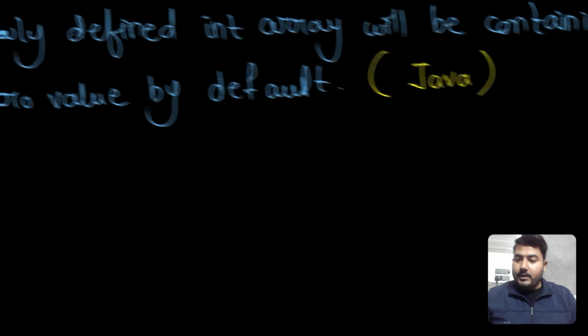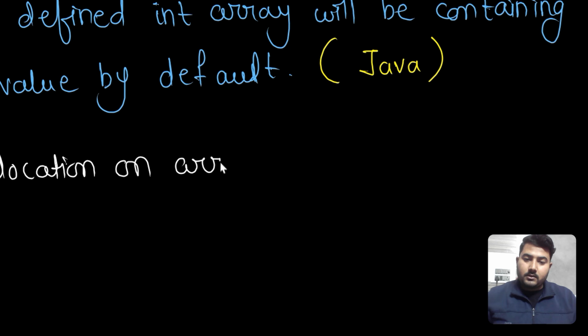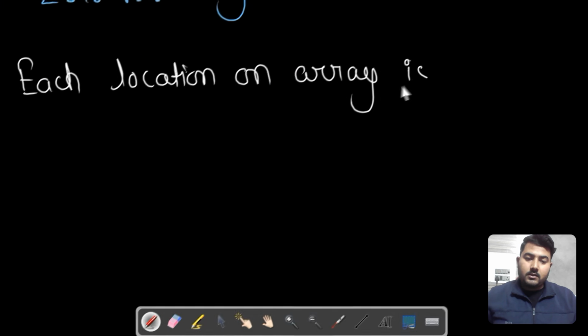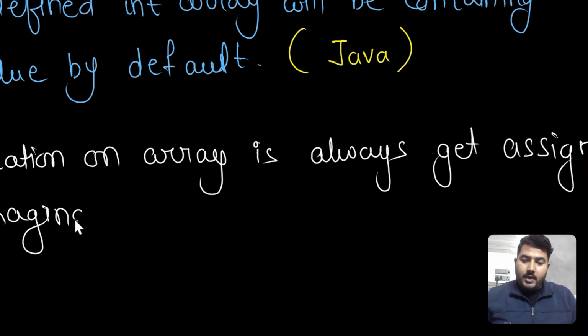One very important point here is each location on an array is always an imaginary number.